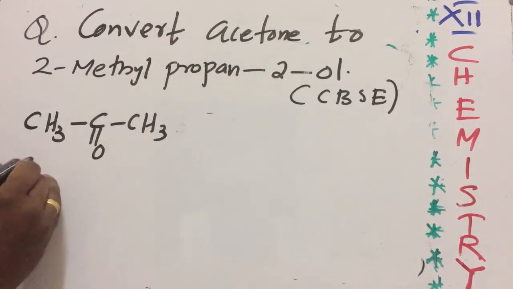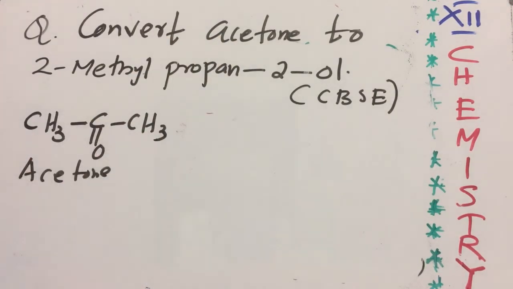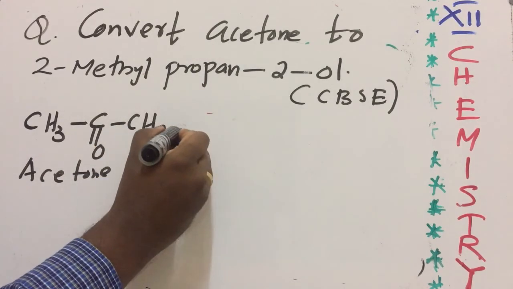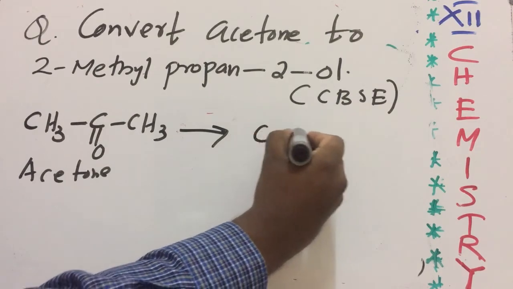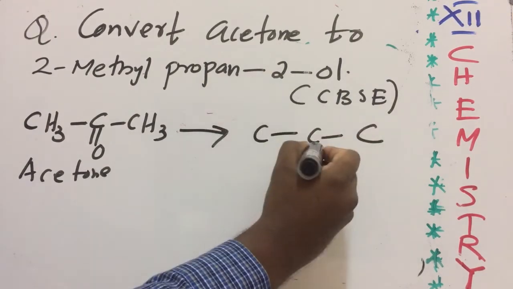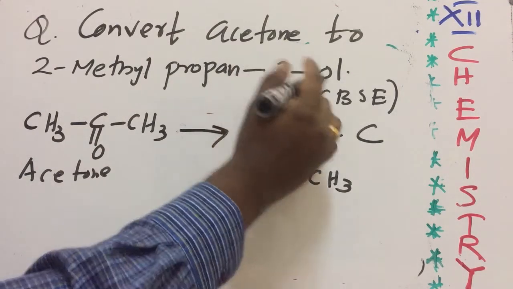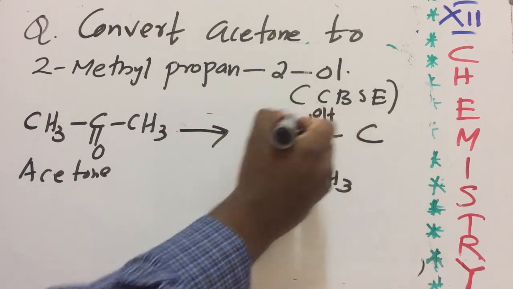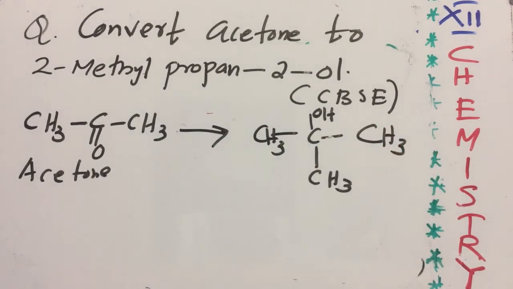Acetone is the common name of propan-2-one. And what is the product? 2-methyl propan-2-ol. The second position has a methyl and the second position has OH. This is the product.